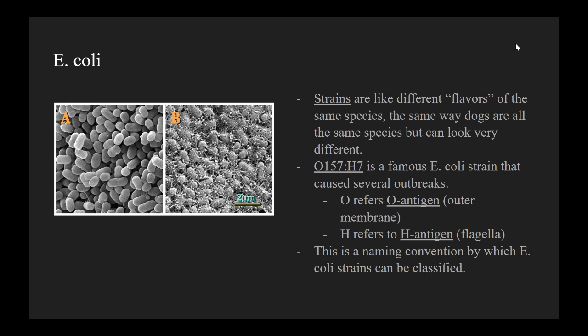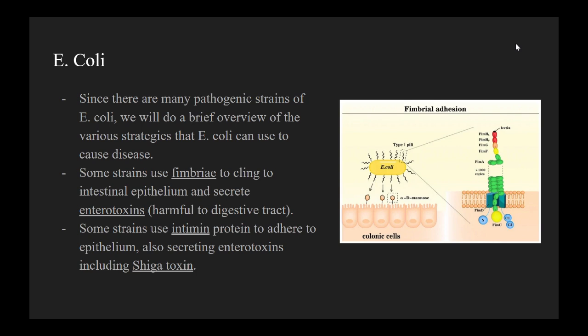So, for example, you might have seen in the news O157:H7. This is a very famous E. coli strain that caused several outbreaks in the early 2000s and early 2010s. So this is just a naming convention that you might see, and it's good to be familiar with that.